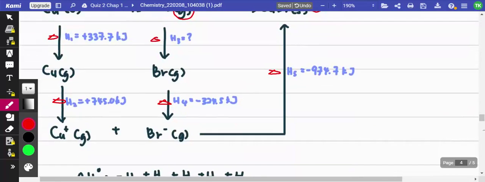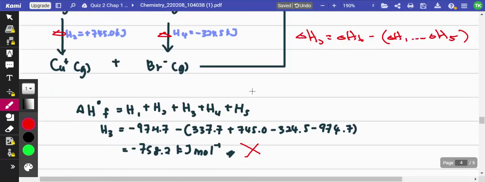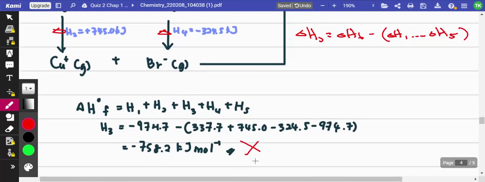Enthalpy 3 should be equal to, let's say I put here enthalpy 6, enthalpy 6 minus enthalpy 1 until enthalpy 5. Because of one careless mistake, the calculation is incorrect.